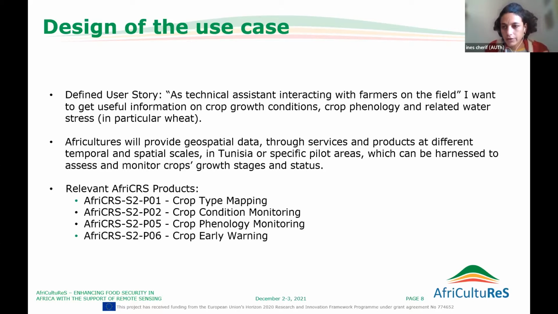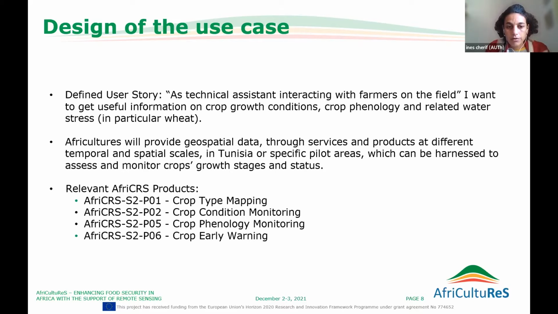This is a scenario that we work on, in particular for wheat, and the aim is to select from the Africultures services and products the relevant ones, and the geospatial data and tools that can be used in Tunisia or specific areas, and can help for the monitoring of the crop growth and the status of crop development.